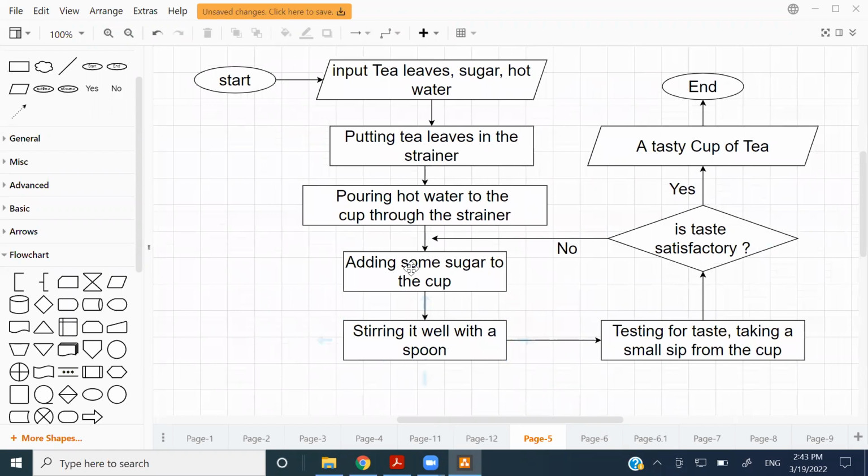Okay. Now, hear me out very carefully, people. Now, we are going to build the pseudocode for this particular flowchart.